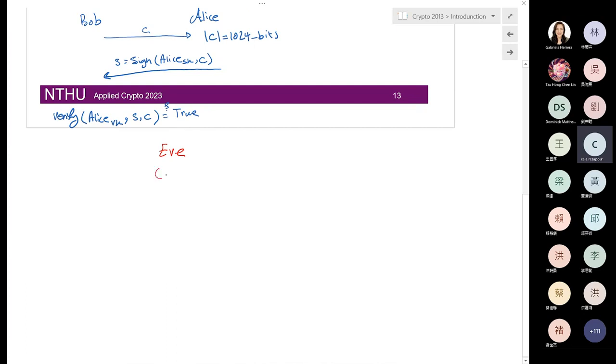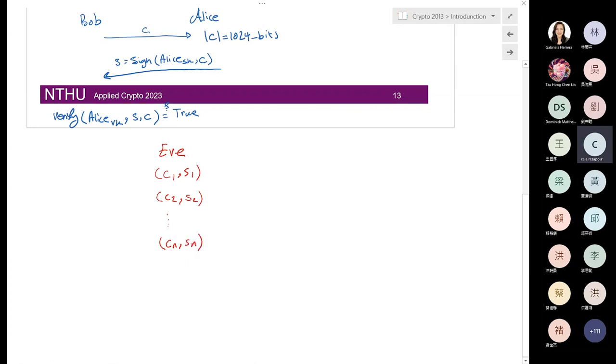For example, see that user 1 shows up and sends C1, and then the server returns S1, right? It would start to record. And then user 2 at some other time shows up, provides C2, and then the server returns S2, and so on and so forth. So after some point, Eve collects n pairs, Cn and Sn, right?